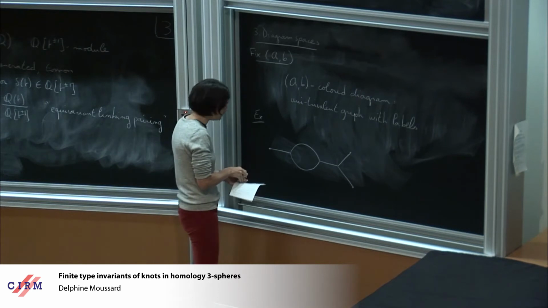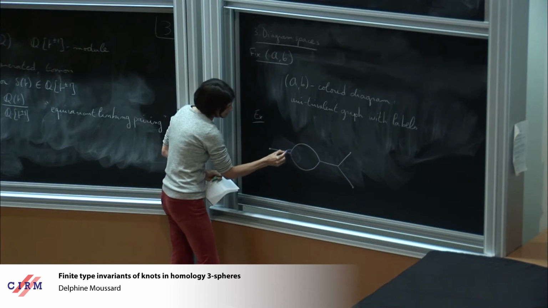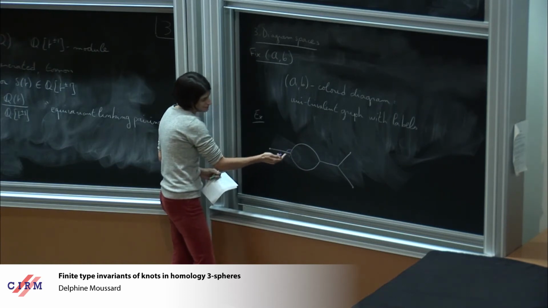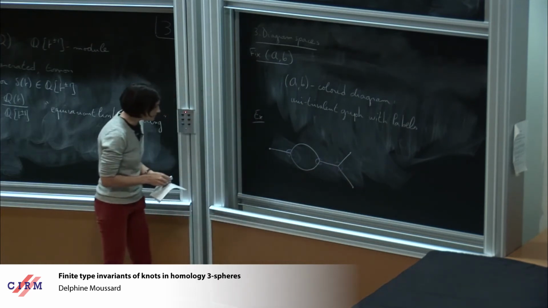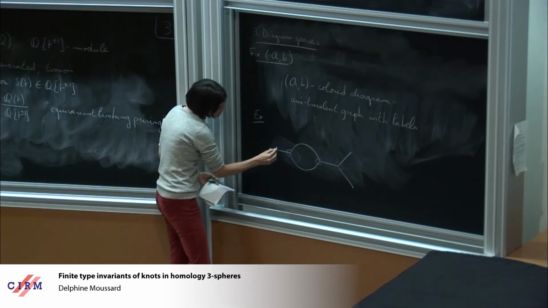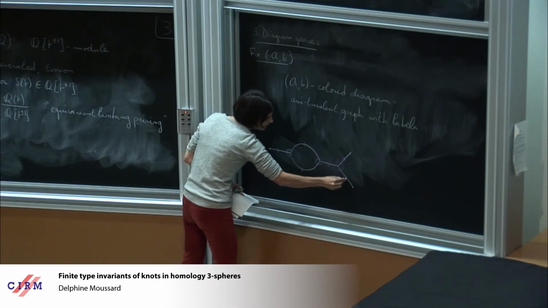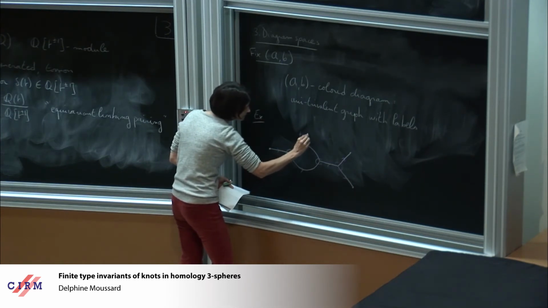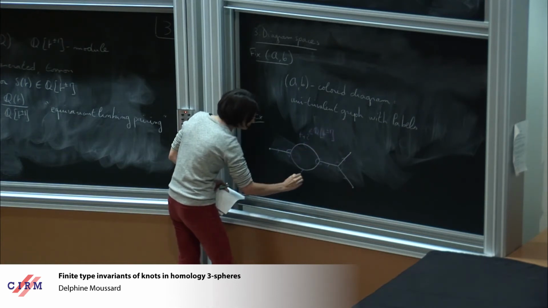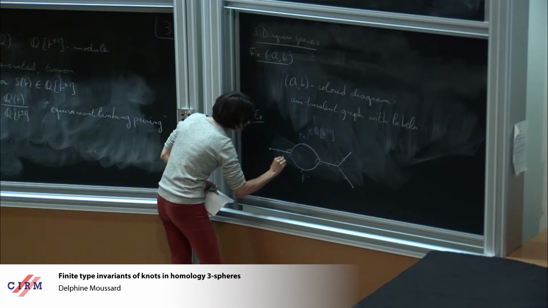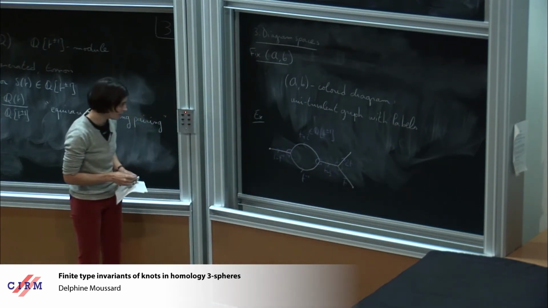First, the trivalent vertices are oriented, in the sense that we fix a cyclic order of the three half-edges that meet at this vertex. Then the edges are oriented and labeled by some polynomials in Q[t, t inverse].